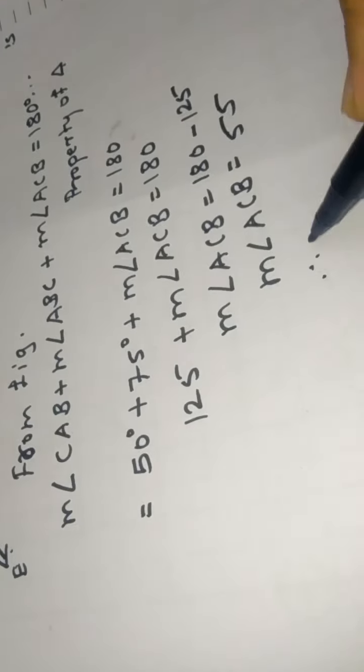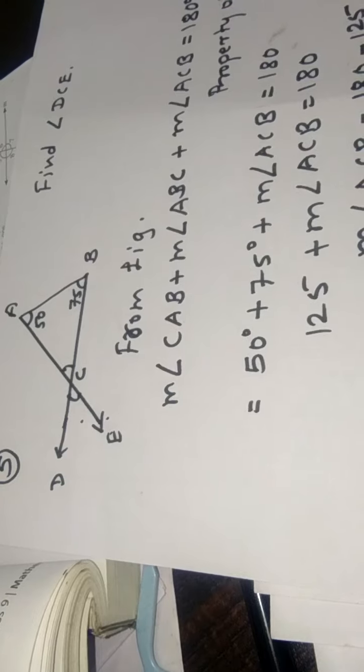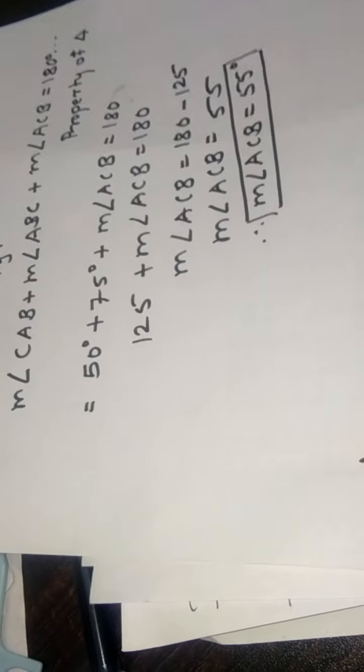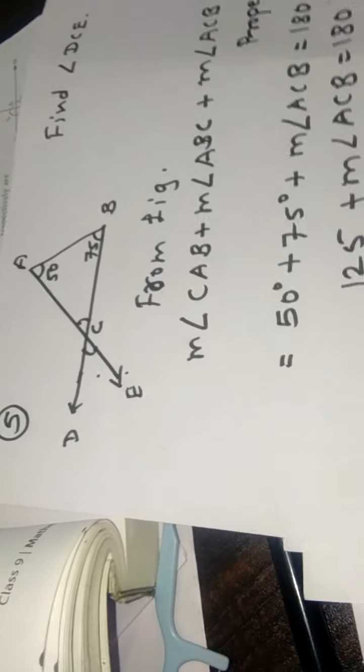Therefore, measure of angle ACB is equal to 55 degree, and angle ACB and angle DCB are vertically opposite angles. See from the figure, measure of angle ACB is equal to measure of angle DCB. Why can we write this?